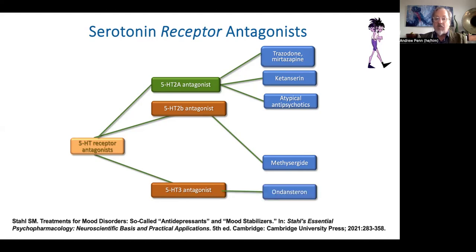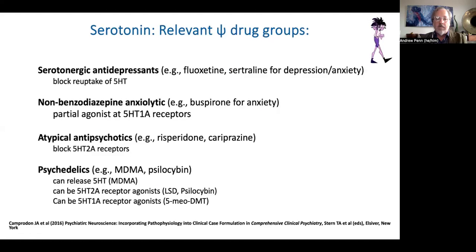And ondansetron or Zofran is a serotonin 3 antagonist and is obviously a very useful drug for the prevention of nausea. Those serotonin 3 receptors are largely concentrated on the chemoreceptor trigger zone of the brainstem. And so by blocking them, we get the antiemetic effects of ondansetron.